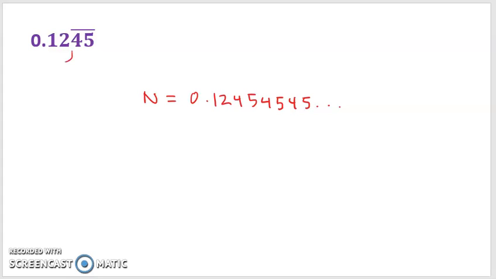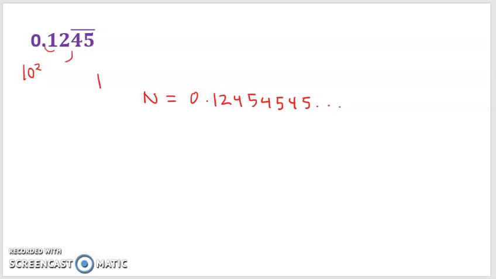There are 2 repeating decimal places. So I'm going to multiply this number by 10 squared, or 100. You multiply by the number of repeating places, raise 10 to that power. So if I do that, remember when I multiply by 10 squared or 100, I would move the decimal place over 2.